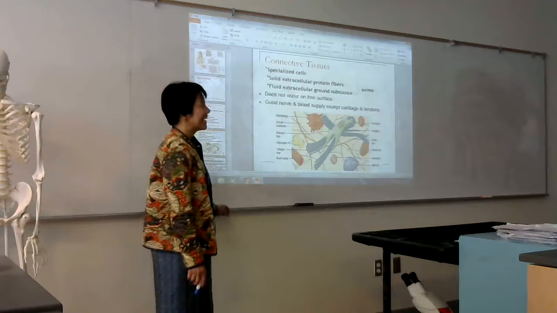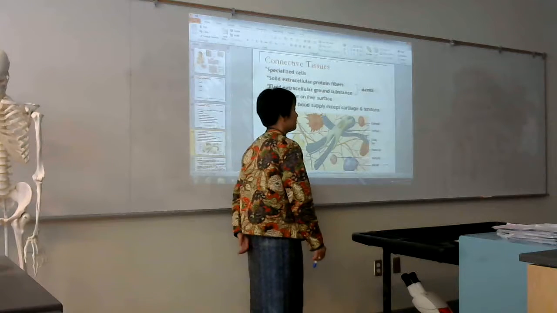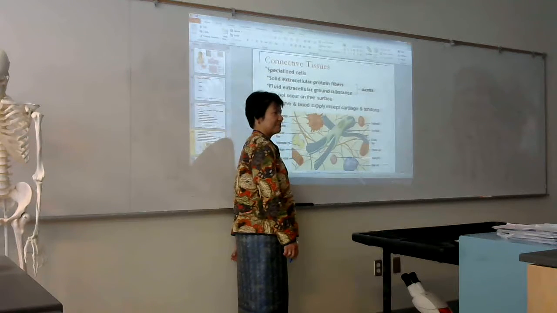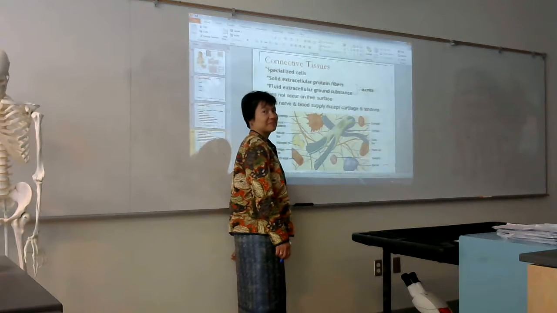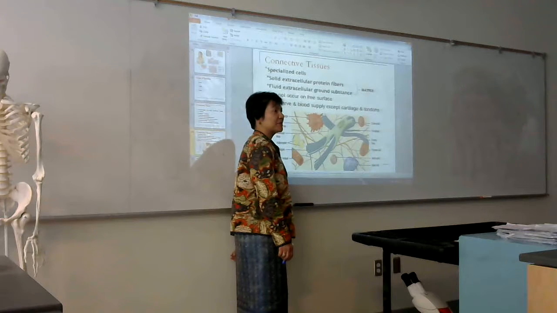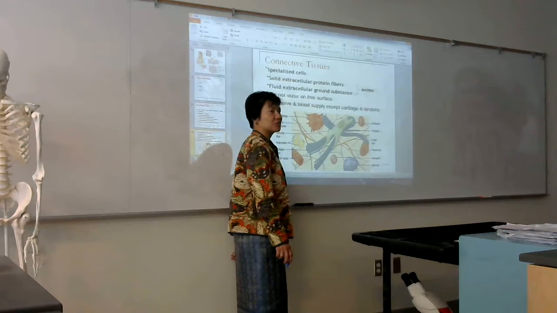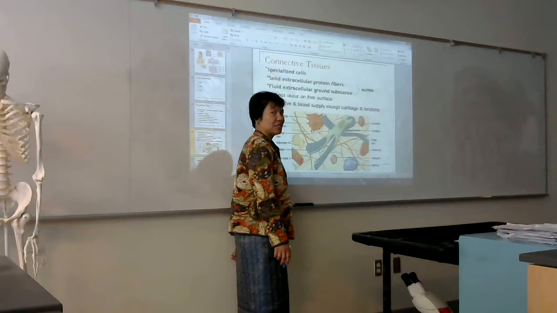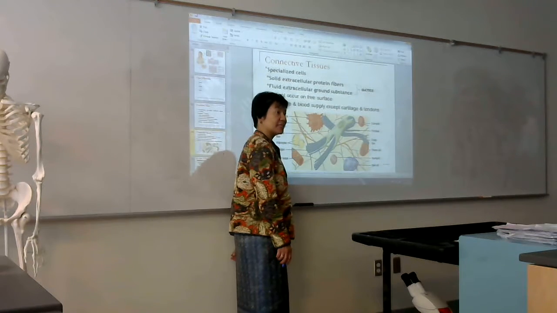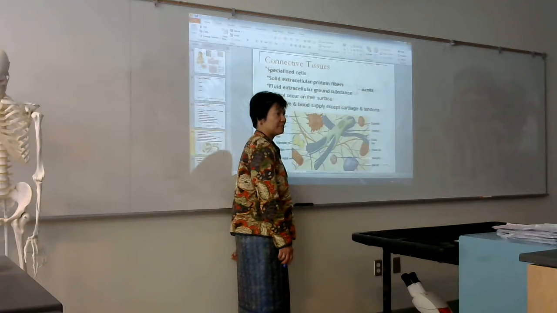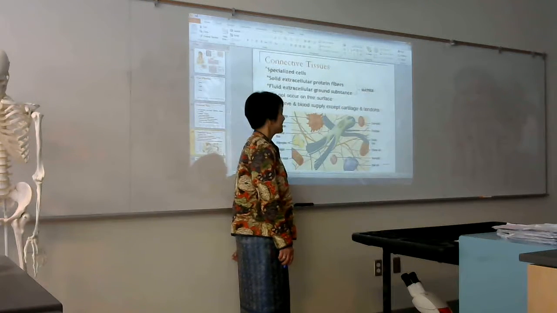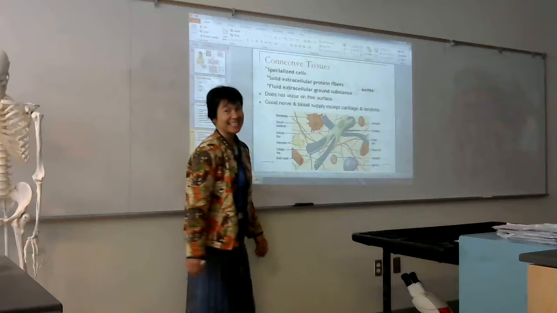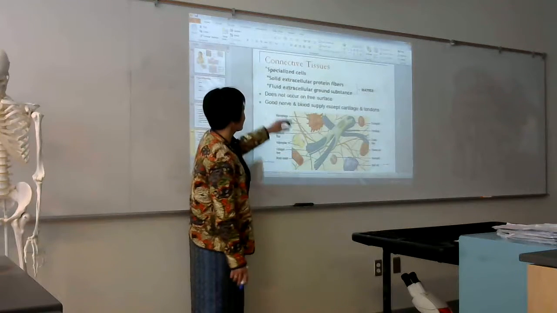Okay. Glycos, C-O-S. Okay, then I have that there. Aminoglycans. Very good. Am I going to ask you that in the test? No. Not the specific name, or just how to spell it. No, I'm not going to ask you.